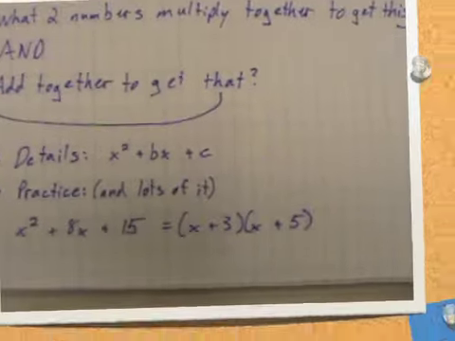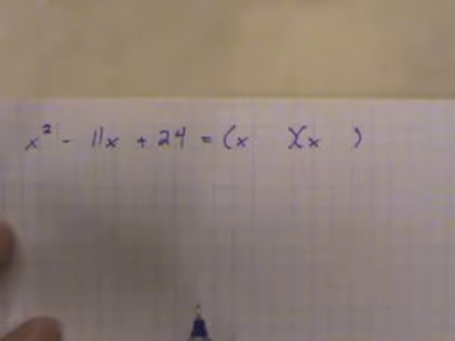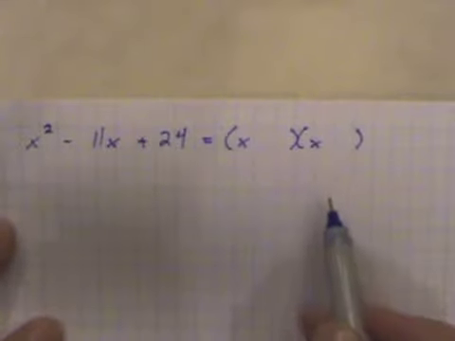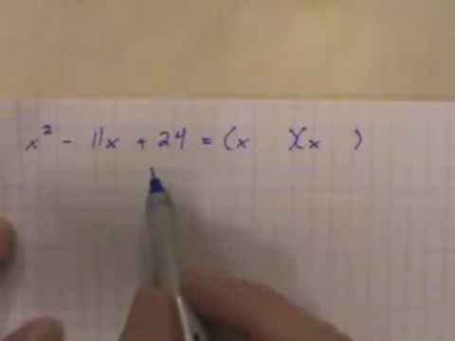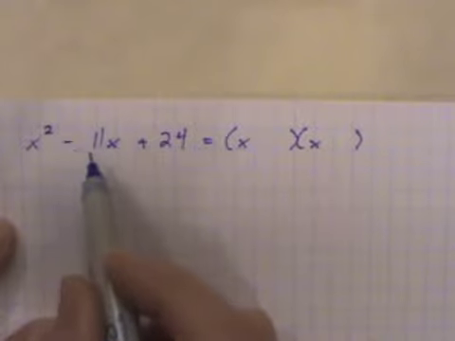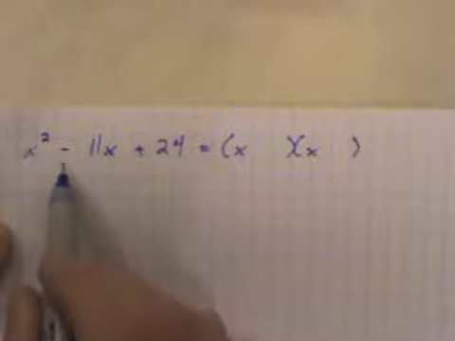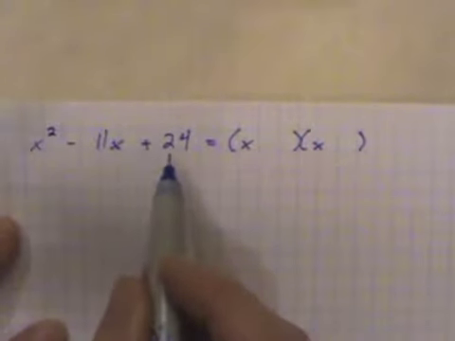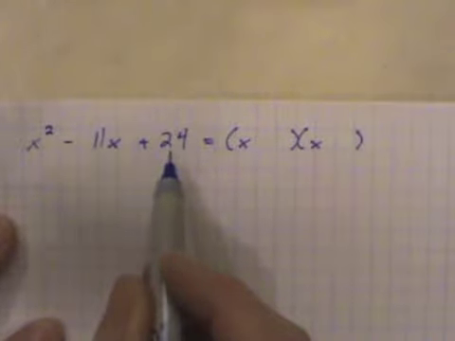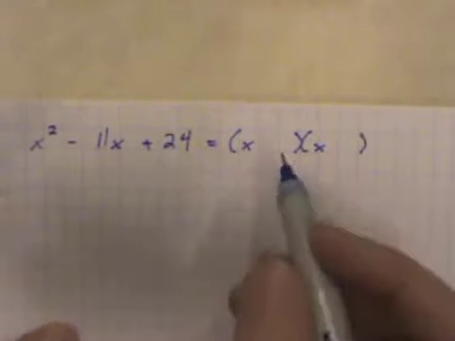Let's do a little more. All right, x squared minus 11x plus 24, and we've got our brackets. What two numbers multiply together to get 24, add together to get negative 11? Well, if we need a negative here and a positive here, two numbers that will multiply together and be positive and will add together and be negative, we must need negatives in both cases.